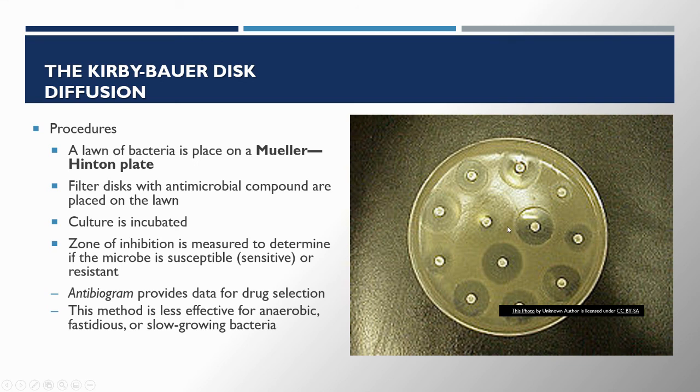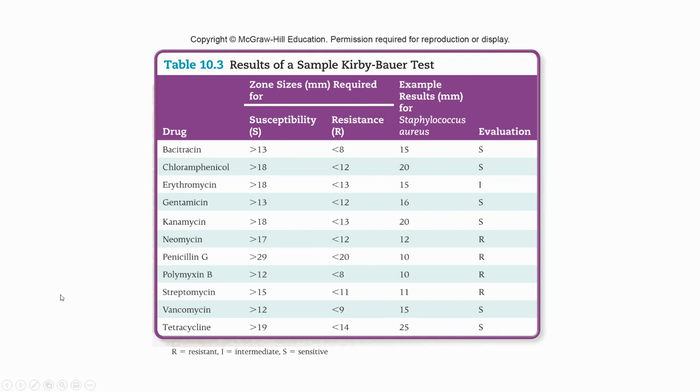I measure the diameter of the zone of inhibition, and I compare this to an antibiogram, which is a table that tells me how big my zone of inhibition has to be to determine if my organism is susceptible to this drug or if it's resistant to the drug.